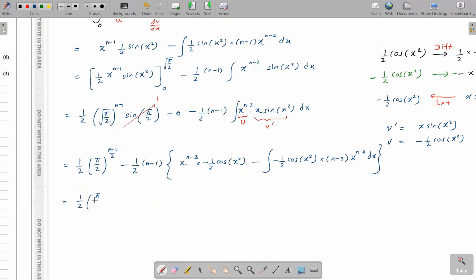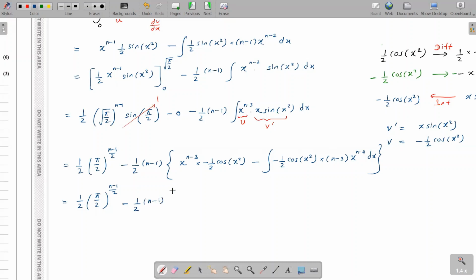Half times pi over 2 to the power n minus 1 over 2 minus half. Shall I open the bracket? So here I get minus half into minus is plus half, plus 1 over 4. Shall I directly do it? Plus 1 over 4 n minus 1 times. Yeah, okay. So you want me to first put the limits here and then we'll open the bracket? Okay. Let me go like that. So I'll keep the large bracket here.